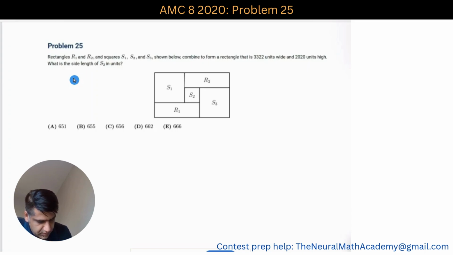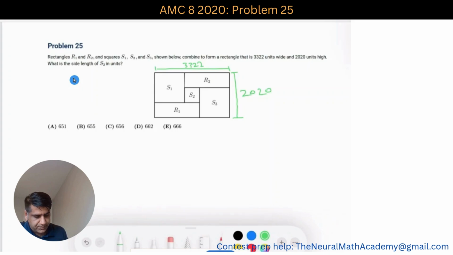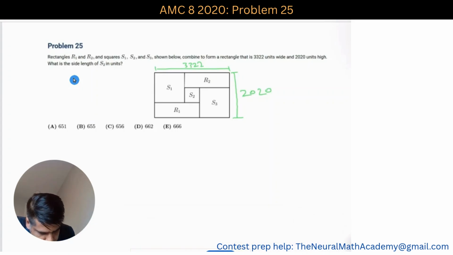So we have been told the width is 3322 wide and the height is 2020. So from here, if we make an observation that the sum of the sides like S1 plus S2 plus S3 is equal to 3322.